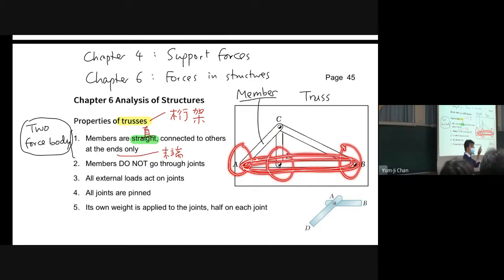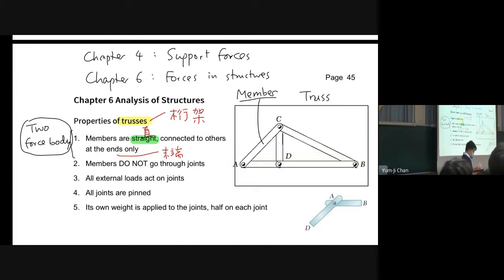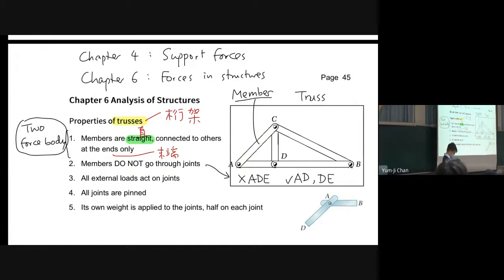The answer is no. In trusses, we don't count ADE as one member. We count AD as one member and DE as another member. So AD and DE are 2 members.